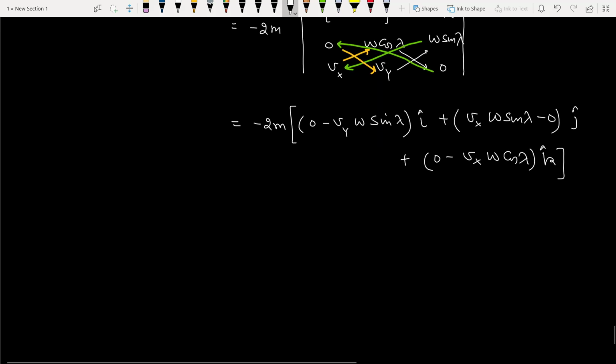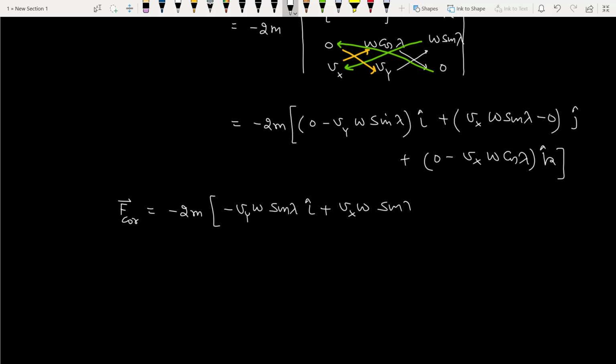So what we are left with, F Coriolis, it will be minus 2m, minus Vy omega sin lambda i cap plus Vx omega sin lambda j cap minus Vx omega cos lambda k cap.